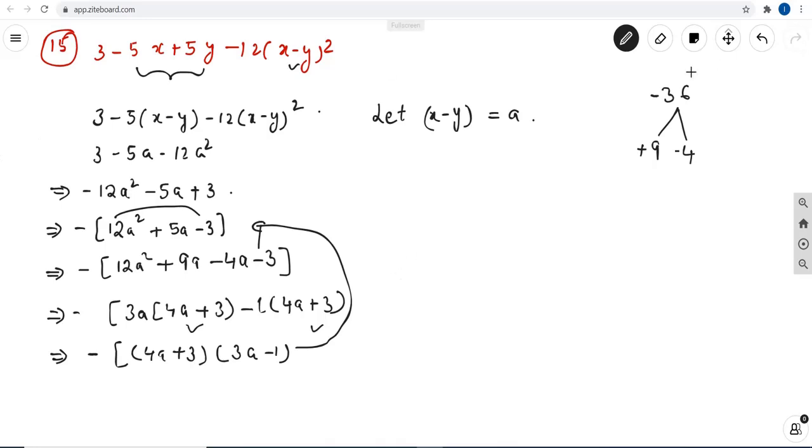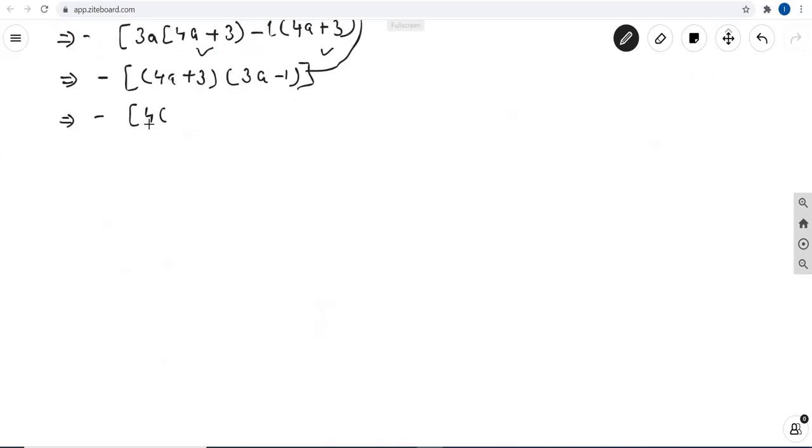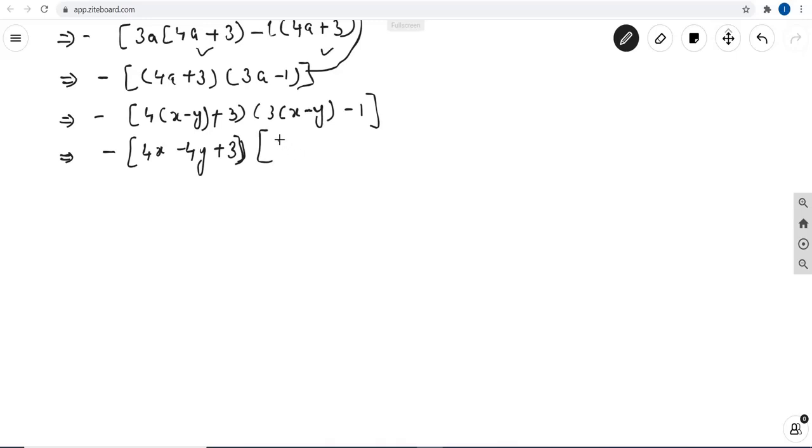But we have taken a is equal to x minus y. So that one we have to substitute back here. What we have taken, a we have taken as x minus y. So this becomes 4 into x minus y plus 3. Okay, one more term is 3 into x minus y, minus 1. Fine. So this will be minus of 4x minus 4y plus 3, and one more term is 3x minus 3y minus 1.